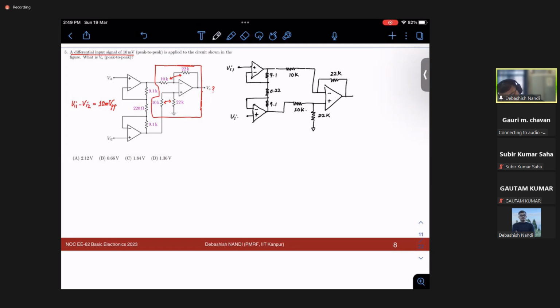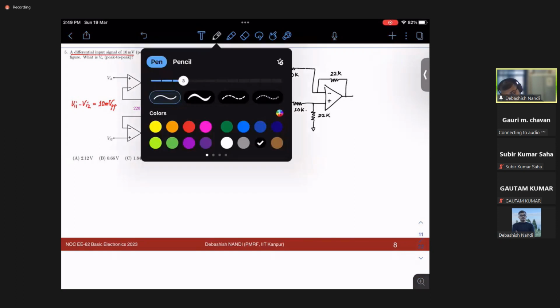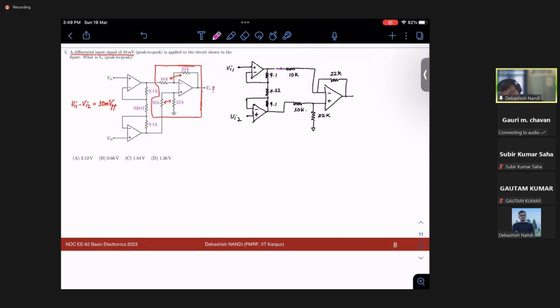Okay. So I will analyze the circuit in two parts. Why do I need to analyze the circuit in two parts? The matter of fact is that simply because I see that this is a difference amplifier which I have just encountered.